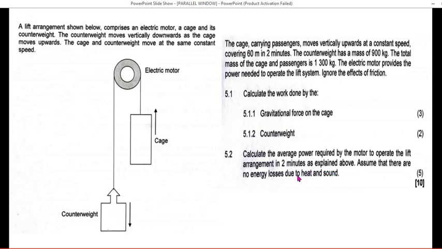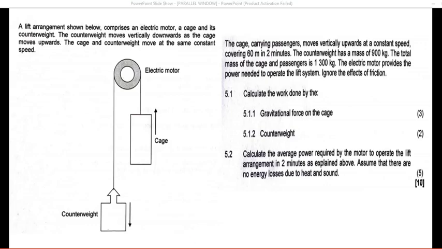So we assume that there's no loss of energy anywhere, and that means that the total work done by the system is equal to the work done by the counterweight, and then the work done by the cage, and then the work done by the motor.